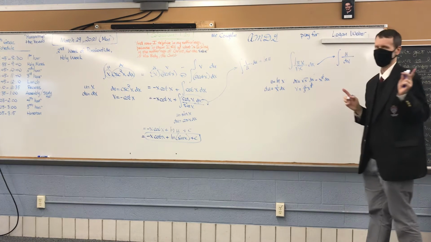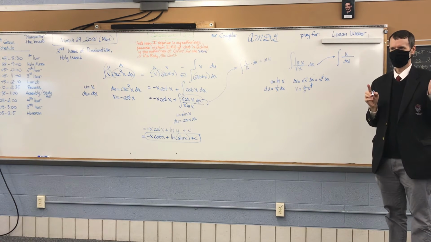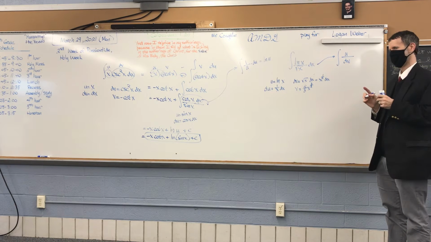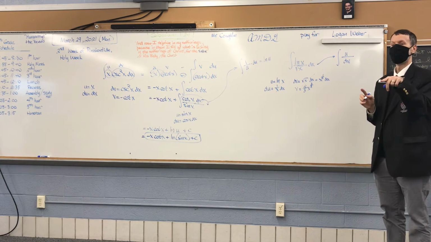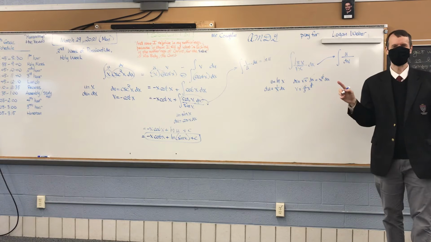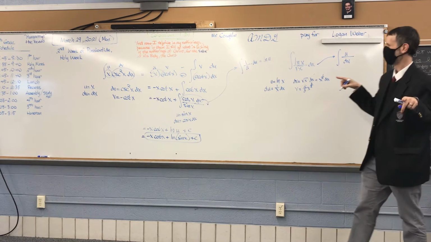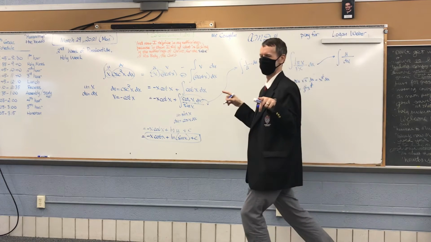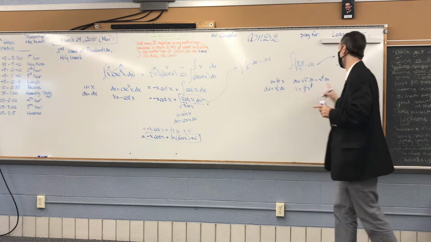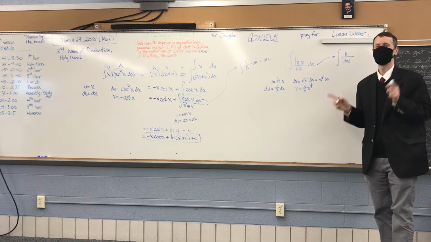Does anybody see a problem with that? Maybe not have the thing in the bottom. Do you remember the name for it? Differential, good. Differentials can never be in the bottom, correct.